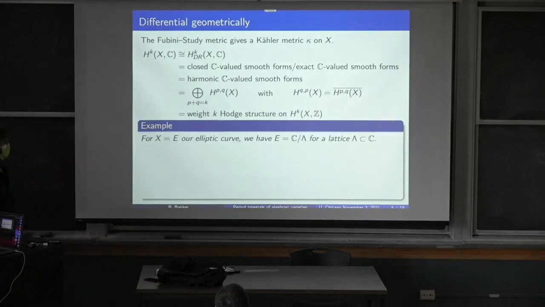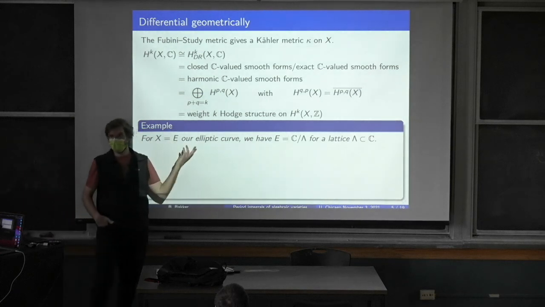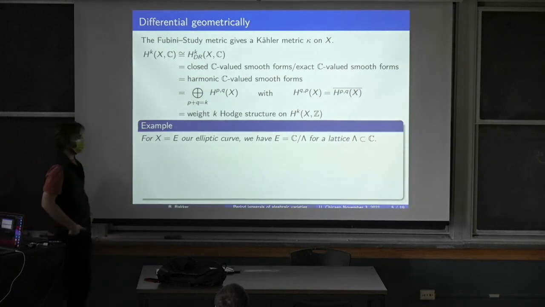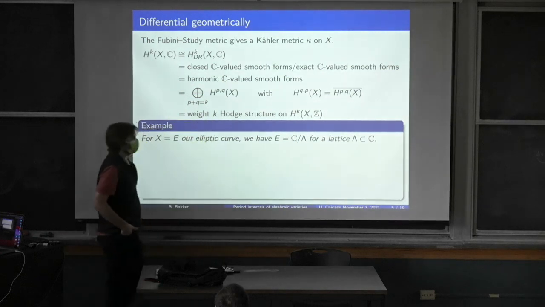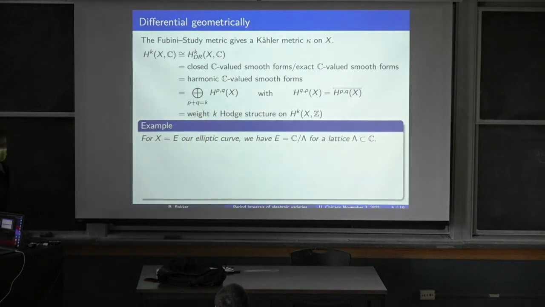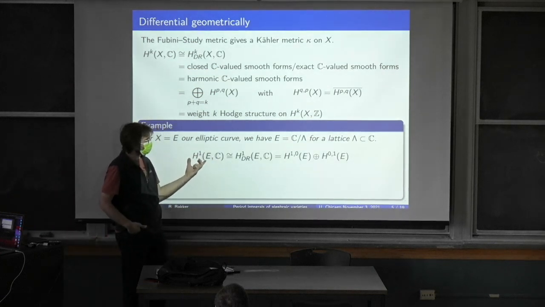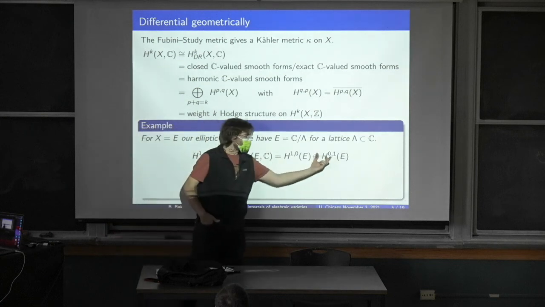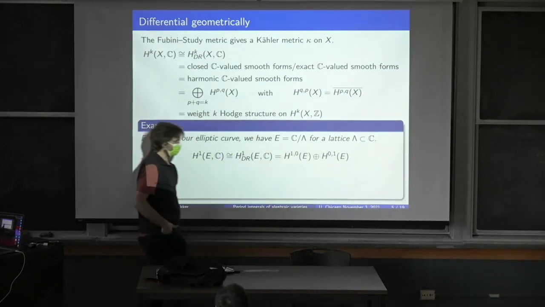So just to go back to our example, if we take our elliptic curve, well, we know from complex analysis that this elliptic curve can be realized as the complex line modulo a lattice. And in fact, that lattice can be seen in terms of this decomposition. In this case, if we're talking about the first cohomology, there's only two decomposition pieces, the ones that have a single dz and ones that have a single dz bar.